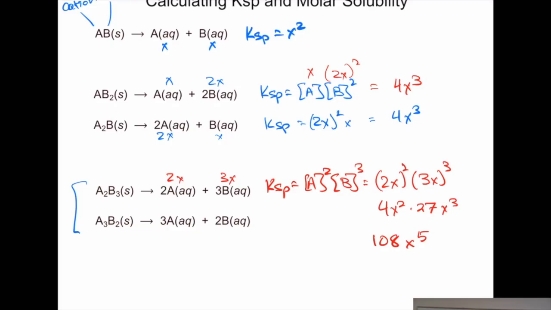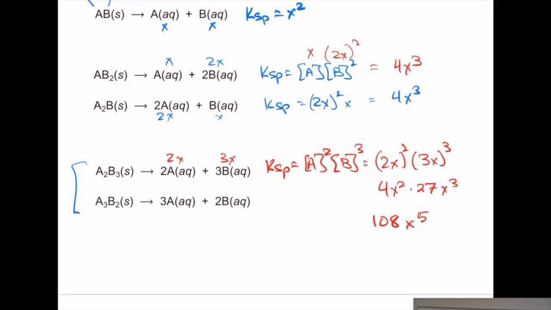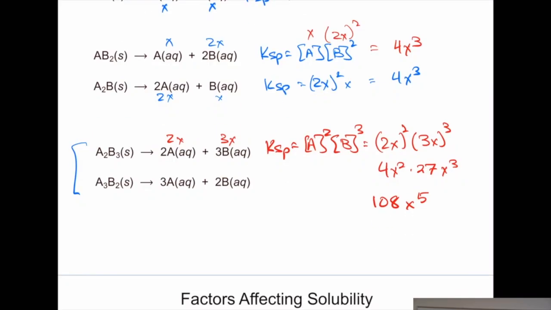There's only so many combinations. In fact, there's one more that I realized after I made this slide for you. There are other ionic compounds that would take the form of AB3 or A3B. But it's the same idea.